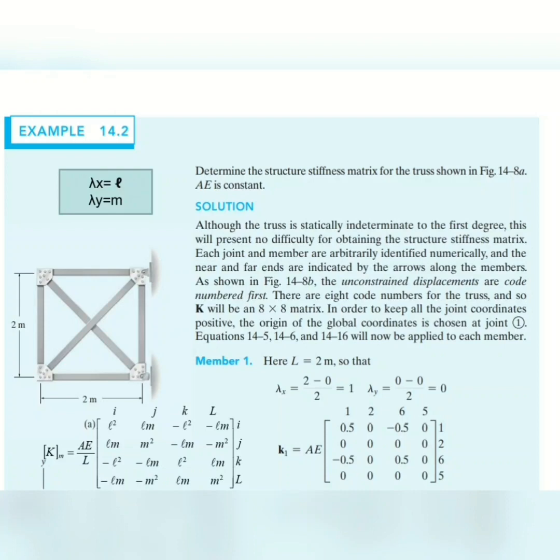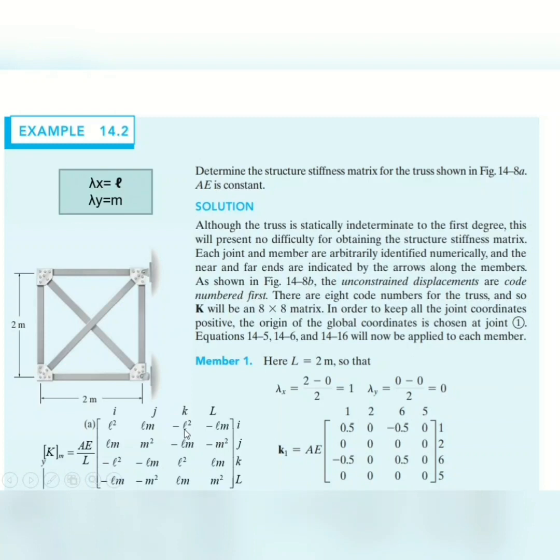So divide directly by L, so 1 divided by L before putting in its L square. This is L, so L square, 1 square divided by L. L is 2, 1 divided by 2, 0.5. Okay, and this is LM, you are multiplying by 0, so it is 0.